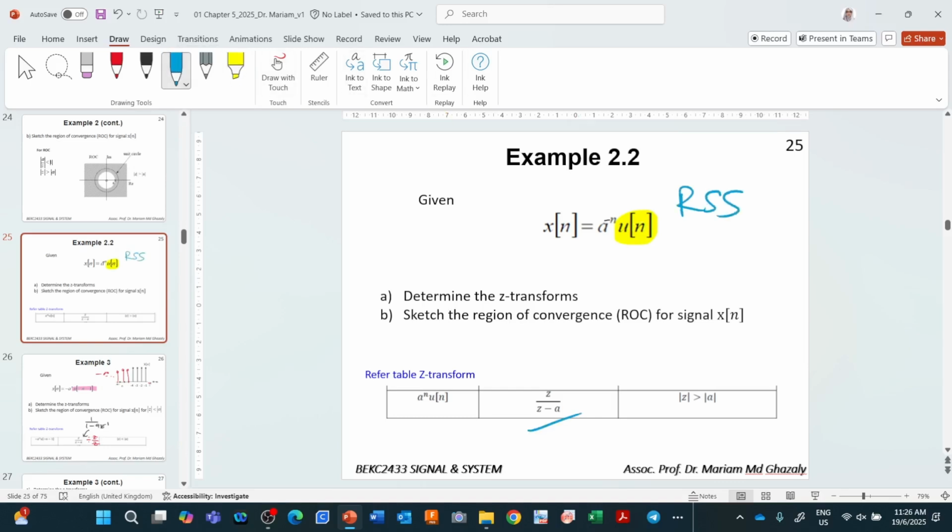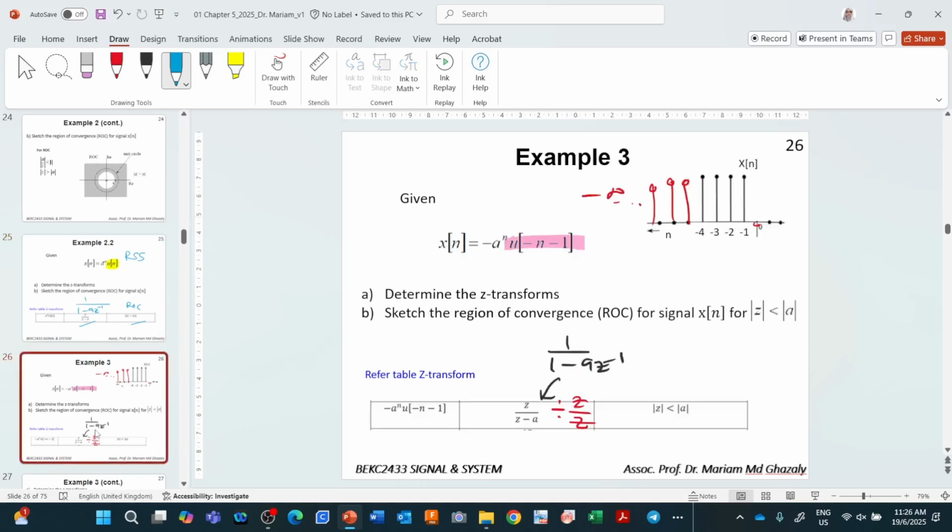So the equation that you use is still the same: the Z transform is Z over Z minus A, or 1 over 1 minus A z inverse, and the ROC is |Z| more than |A|. Alright. Then example 3, I didn't do the derivation, I'm just going to explain the difference between right-sided and left-sided. Yesterday also we have gone through it.